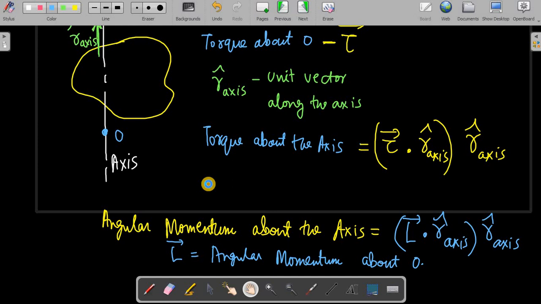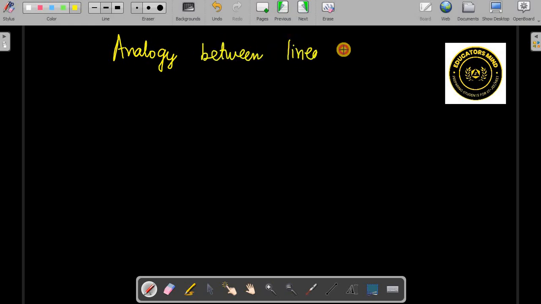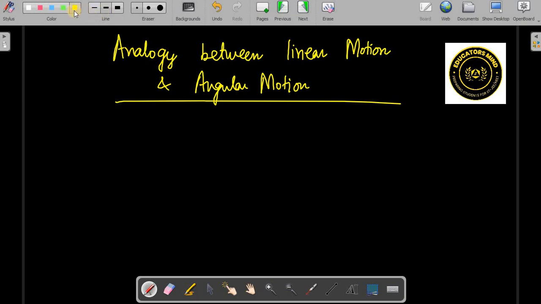So after this, now we can focus on studying the analogy between linear motion and angular motion, or you can say rotational motion.